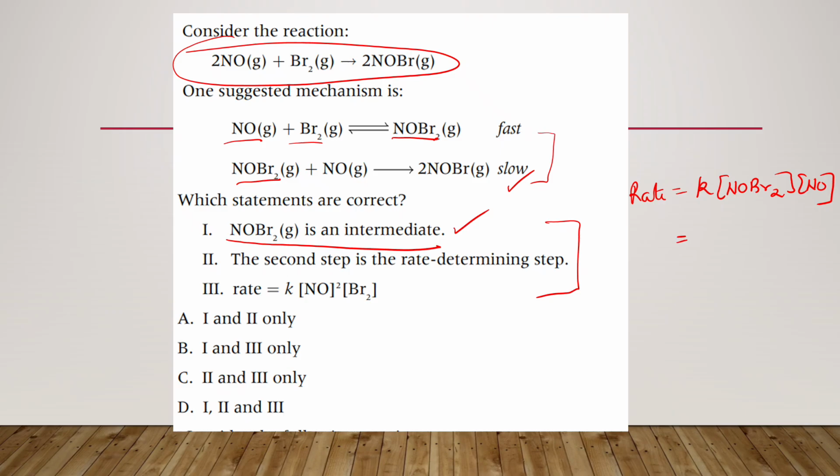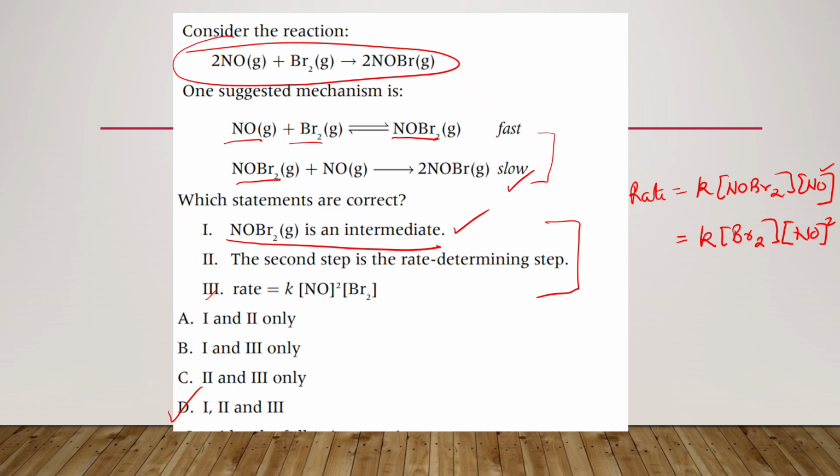So this would be K times molar concentration of Br2 times molar concentration of NO raised to the power 2 because one NO was already here. This is also the case with the third statement. So, from our observations, all the three statements are correct. Hence, the answer is D.